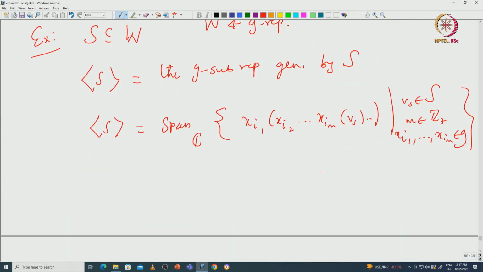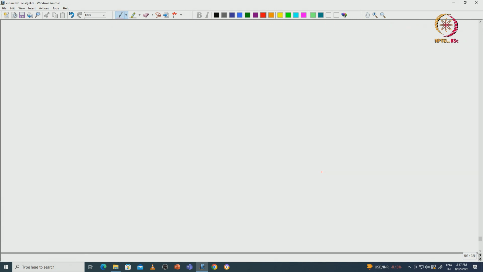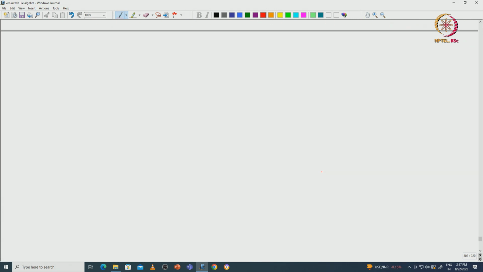So, now if we go back to our original question, what we can say about any finite dimensional irreducible representation of G. If you take V to be any finite dimensional irreducible representation of G, then if I start with any non-zero v inside capital V, then it is clear that I can look at this sub-representation generated by v, because this is going to be a non-zero sub-representation.